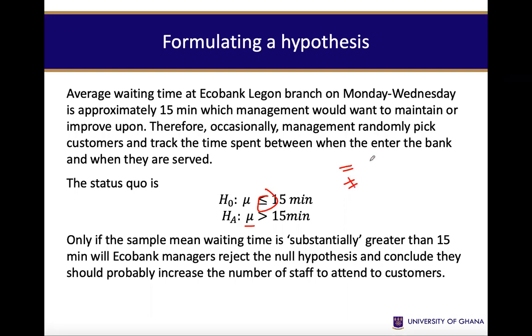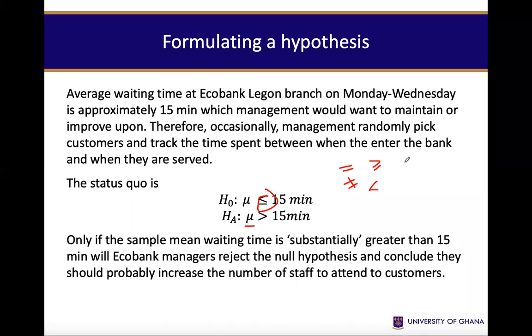If the status quo is greater or equal to, the challenge against the status quo will be strictly less than, right? And if the status quo is less than or equal to, the challenge against the status quo will be strictly greater than. So those are some of the things that we would be looking at.